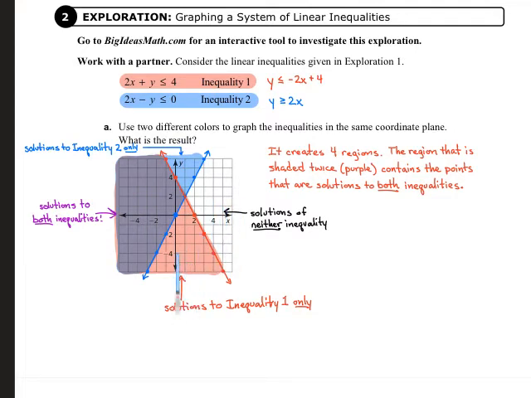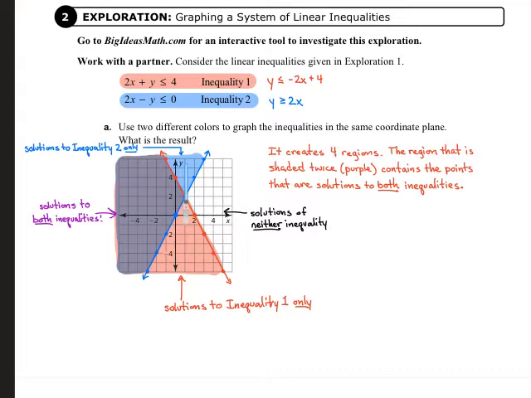This just red area means these are solutions to only inequality 1. If you plug in any of these ordered pairs for x and y, you'll get a true statement for inequality 1. You'll get a false statement for inequality 2 because they're not shaded in blue. They're only shaded in red. Same thing for this little section of blue up here that's not shaded in red.